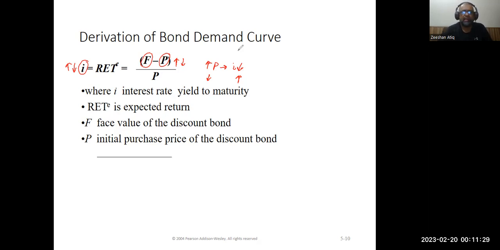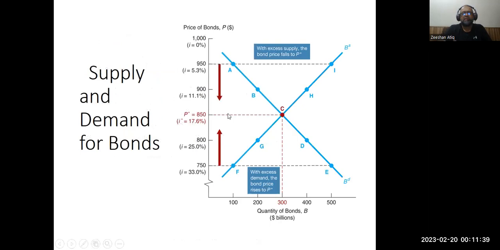Now, let's look at the derivation of the demand curve. This derivation is determined through this particular behavior, so look at this diagram. In this diagram, you are looking at two kinds of curves: one is the downward sloping demand curve, and the other is the upward sloping supply curve.